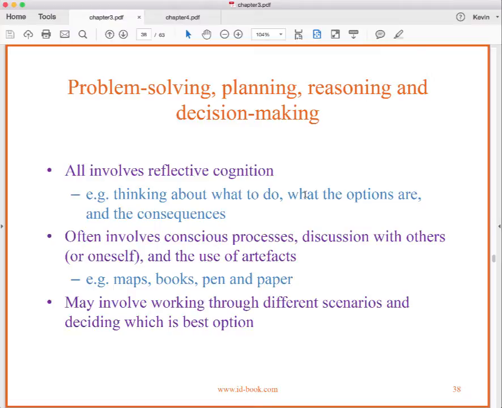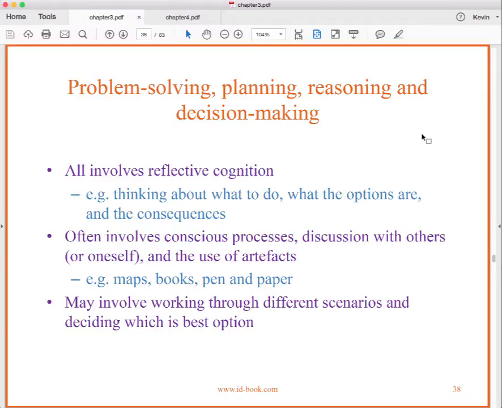Okay, so let's talk about some more cognition-related stuff. Problem solving, planning, reasoning, and decision making. So all of these involve reflective cognition. For example, thinking about what to do, what the options are, and what the consequences might be. They often involve conscious processes, discussion with others or oneself.